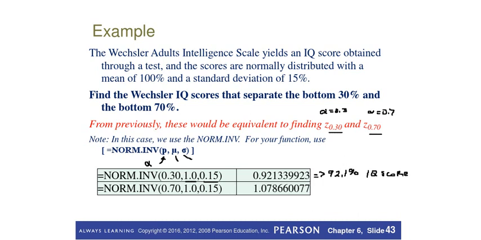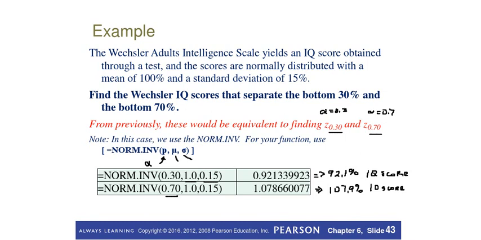On the flip side, if we went in for our 70% group, the score of 107.9 IQ score separates the bottom 70% from the top 30%, right?